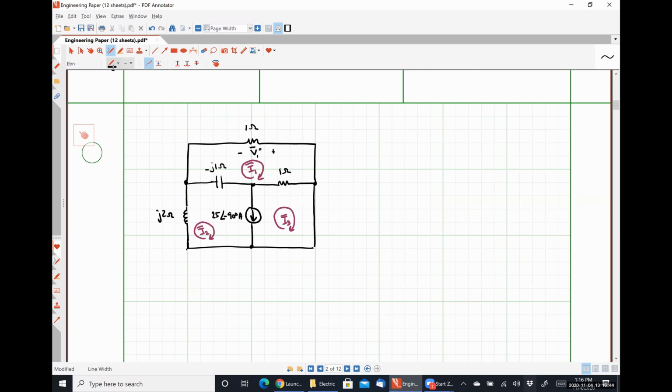So I'm going to define my super mesh in green, and it's going to be this path because that's the smallest possible combination of meshes that encloses my current source. All right, so because I have a current source, I'm going to have a current relationship equation.